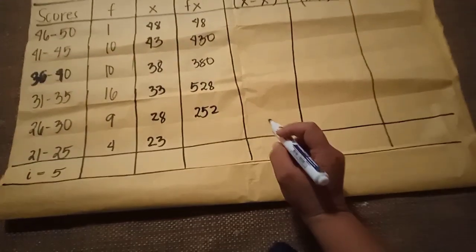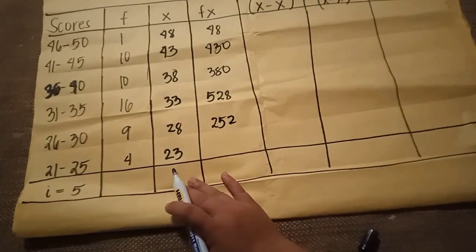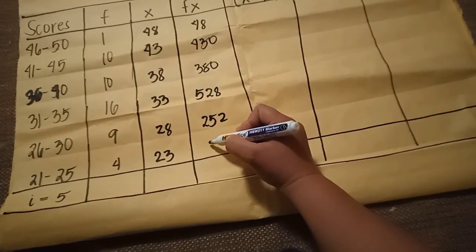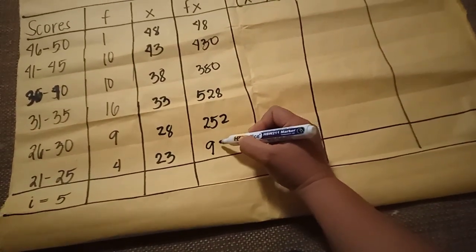Very good. And the last one, 4 times 23, is equal to 92.